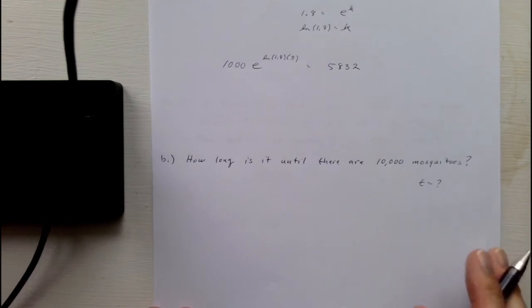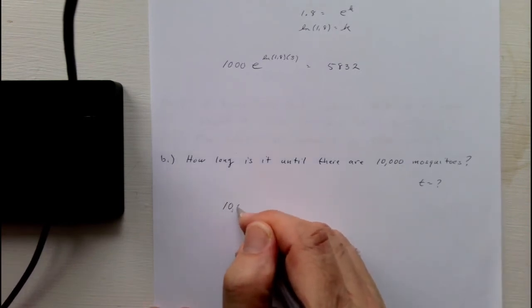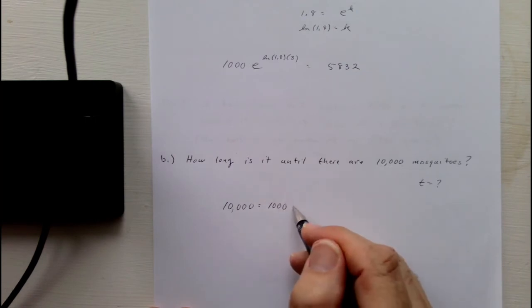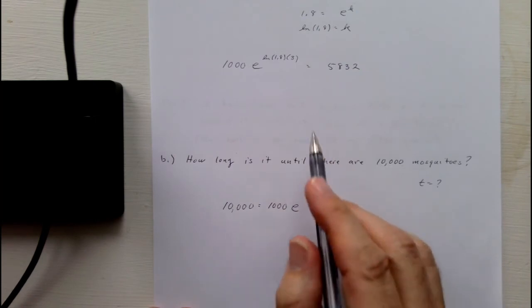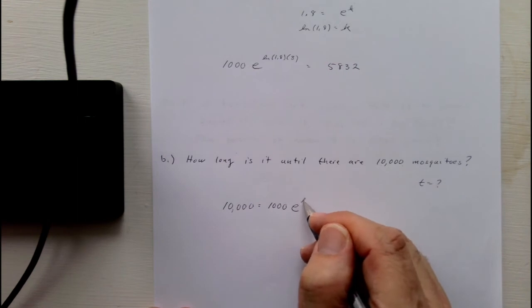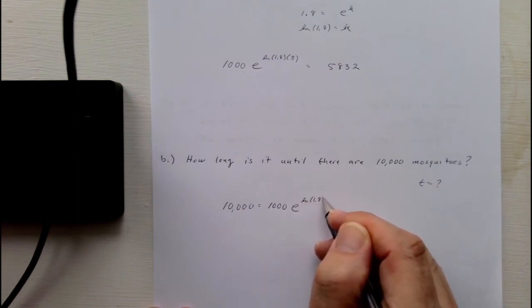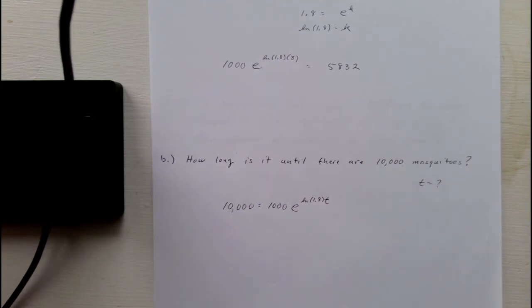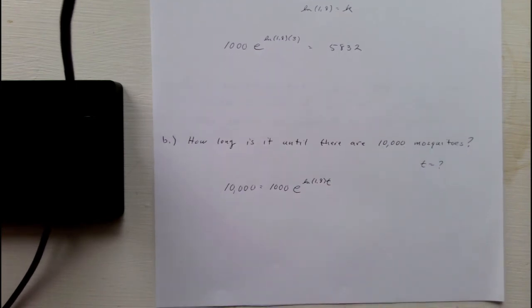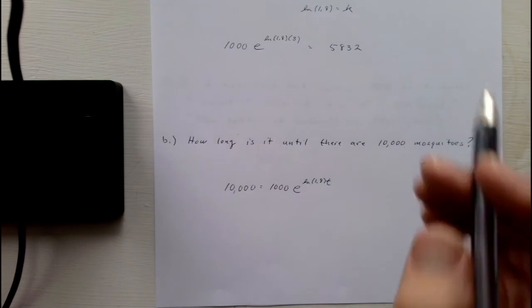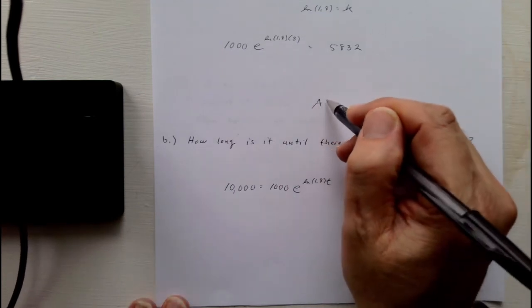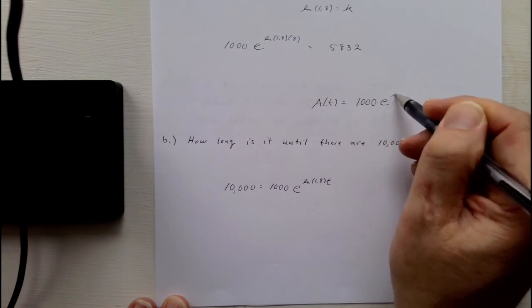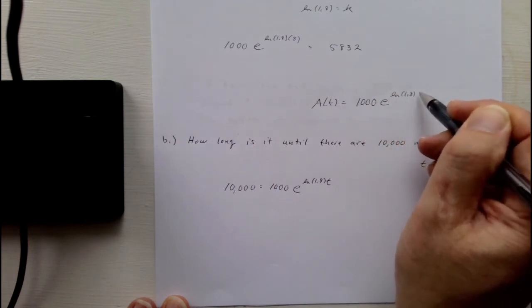So to do that, we will set 10,000 equals 1,000 times e raised to the k, which we now know is the log of 1.8, times t. All right, and again, we know this because we basically have found it up here that A of t is 1,000 e to the natural log of 1.8 times t.